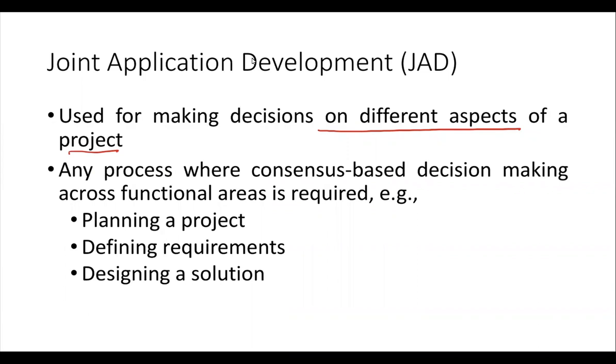Also, any process with consensus-based decision-making, so it's not one person deciding, it's voting-based or consensus-based decision-making, comes across the function areas that are required, including planning a project, defining requirements, and designing a solution.